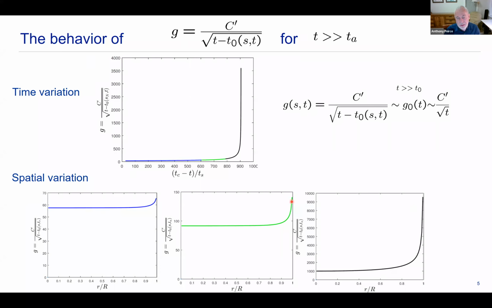Then this is the initiation of arrest, and this is the initiation of recession. So we assume that this is not a function of space; it's just a time-varying function.